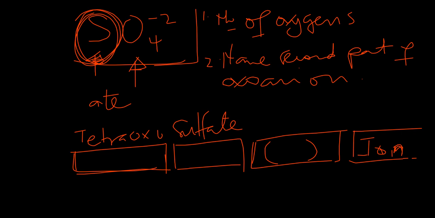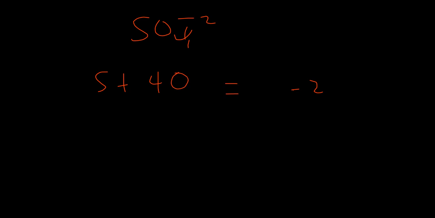So here we will calculate the oxidation number of the sulfur. So let's quickly do that. SO4 2-. So the charge on this compound is -2. So sulfur plus 4 of the oxygen equals -2.